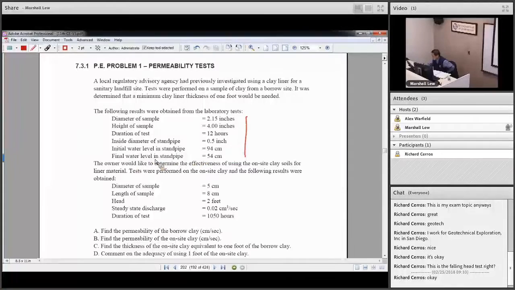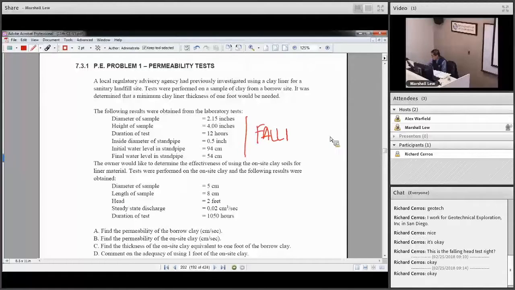Since Q is equal to kiA, then k would be equal to little q divided by i times A, with i being delta H over L. We put in little q, delta H is 10 inches, and L is the length of the sample, which is up here, listed as 24 inches.